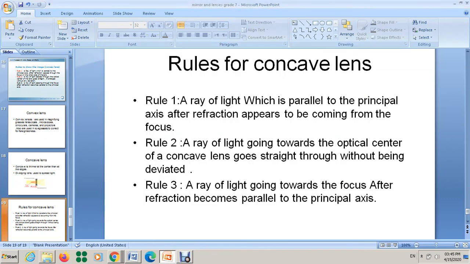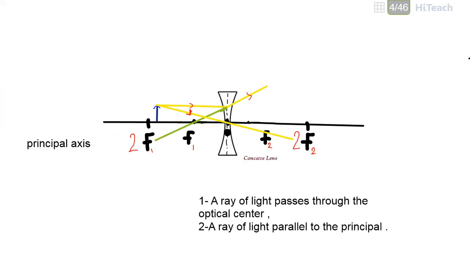So as you see here, these two rays diverge, right? That's why it's a diverging lens. The rays don't meet when they refract. Where do they meet? If you extend the second ray that I put here, they meet at this point. So the top of this point is the top of the image of the object.